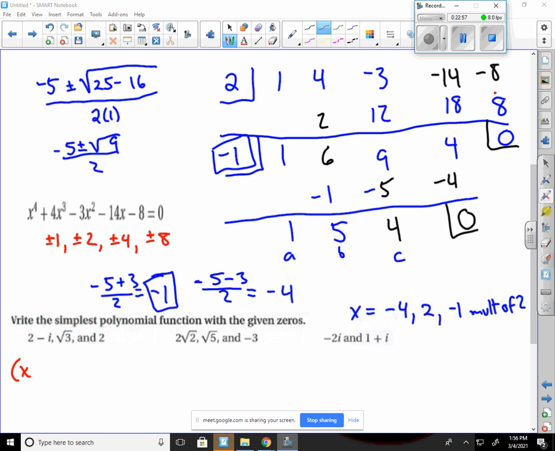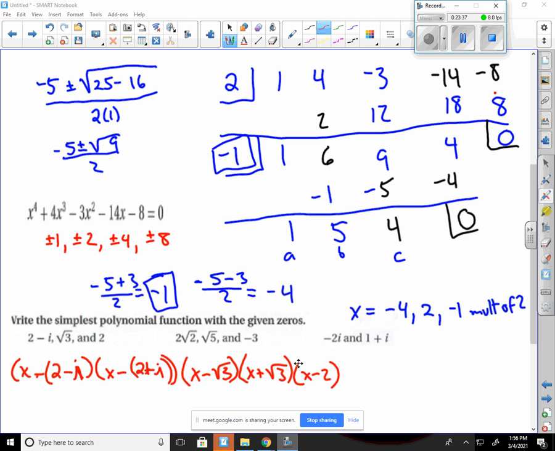So, x minus 2 minus i, then you do x minus 2 plus i, times x minus square root of 3, times x plus square root of 3, times x minus 2. Now, lucky for us, we just get to leave it in that form.